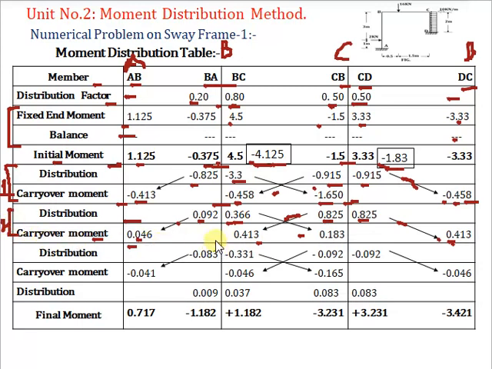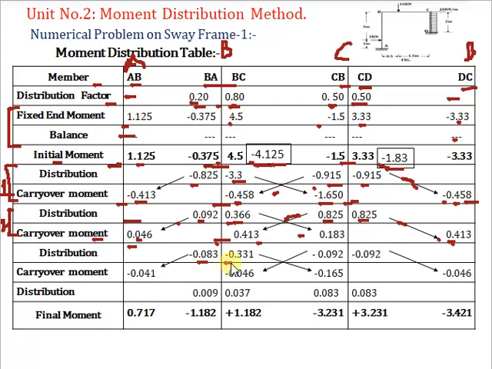Now see at the internal joint B, there is no balance moment, because the moment coming from BC is 0.413 and the moment coming from BA is 0. To maintain equilibrium, the addition of these two should be 0, but it is not. So again we have to apply a correcting moment. Correcting moment here is minus 0.413 into distribution factor of BA 0.20, giving minus 0.083 as distribution moment.